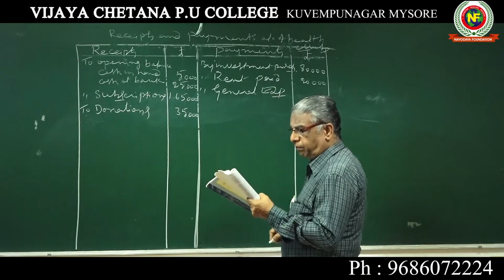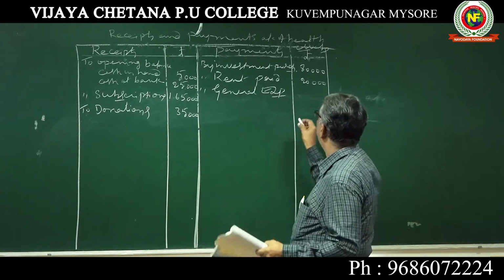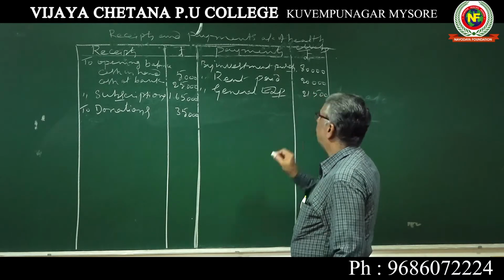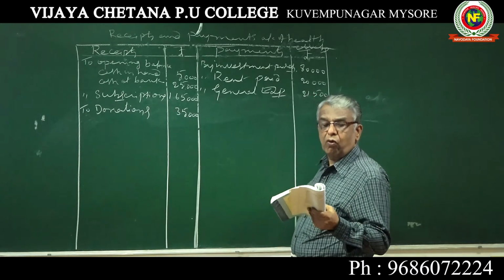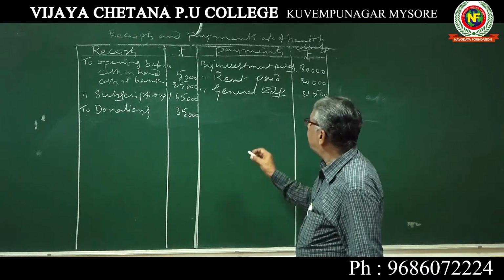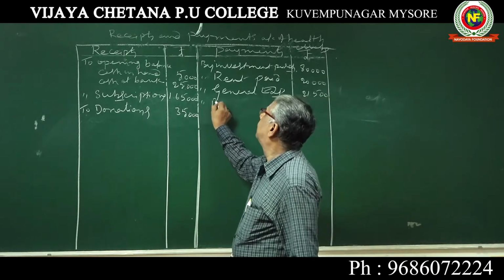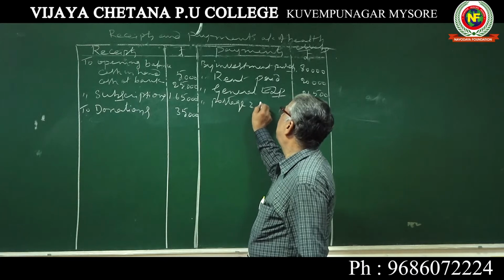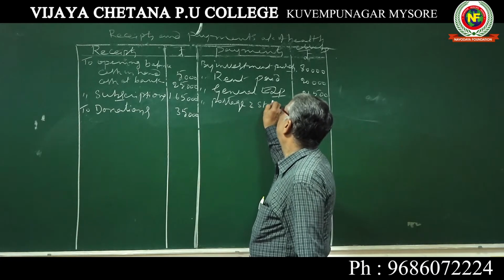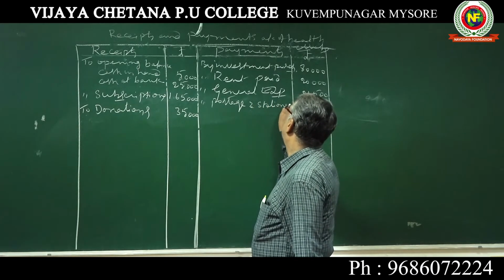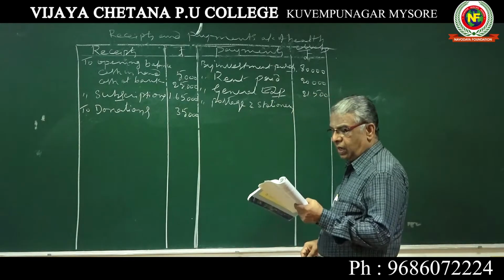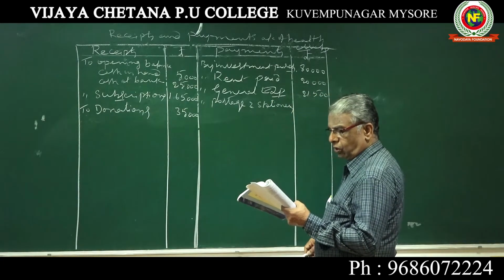General expenses paid by the organization are 21,500. Postage and stationery is also an expenditure: 2,000.